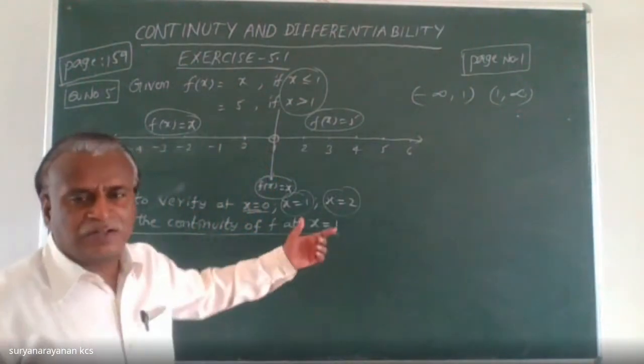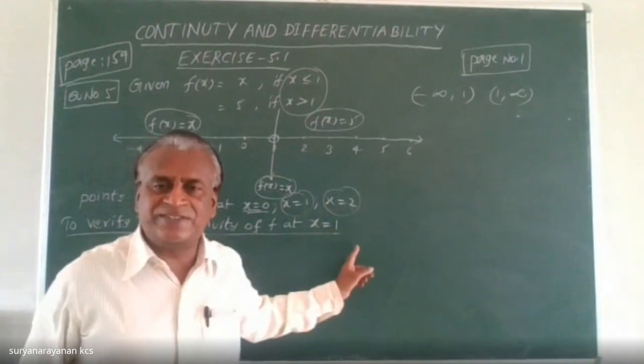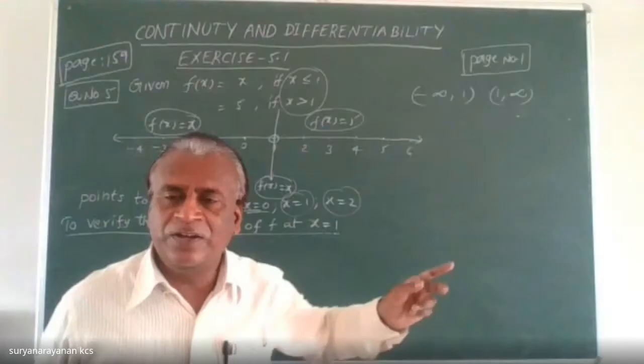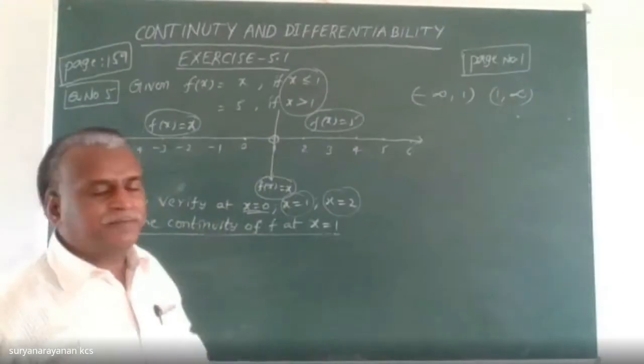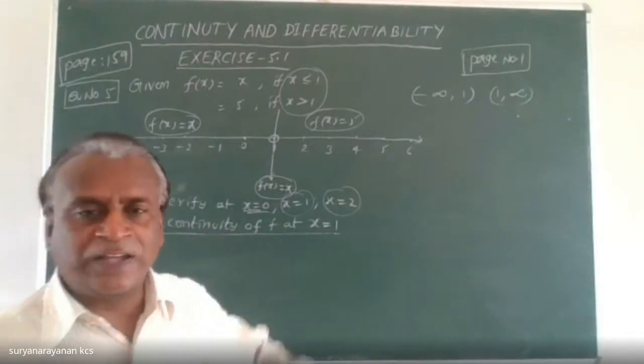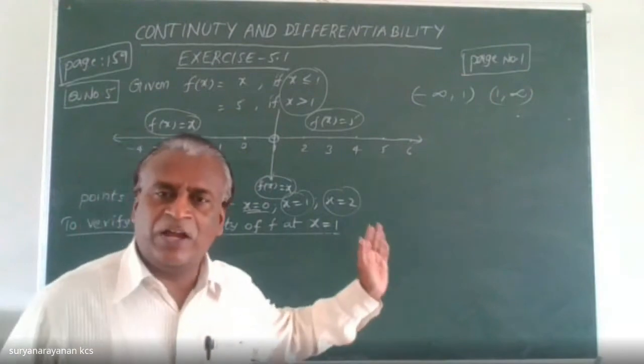Is this function defined differently in two different ways at x is equal to 1? At x is equal to 1, not exactly at x is equal to 1, we have to check the left side and the right side.